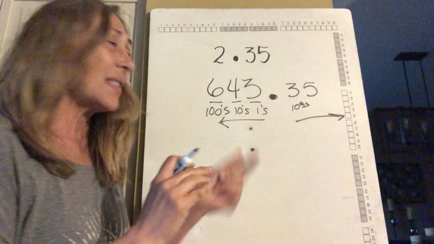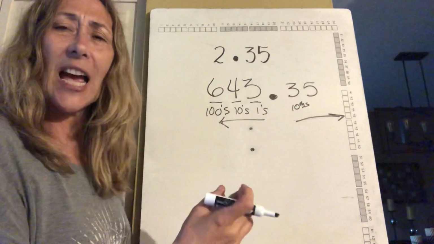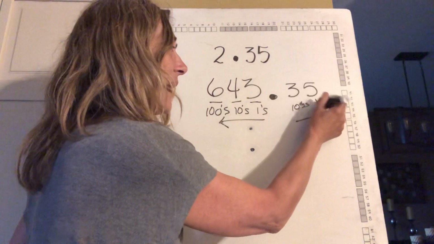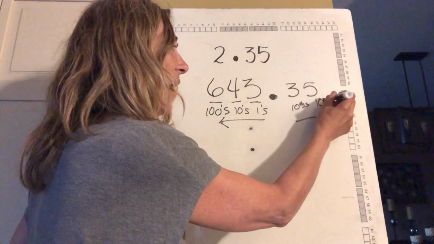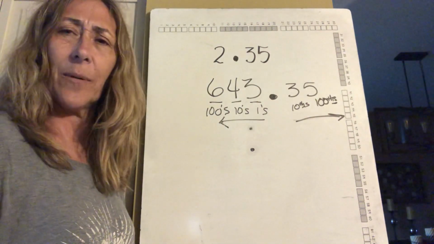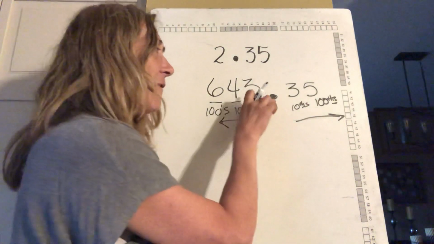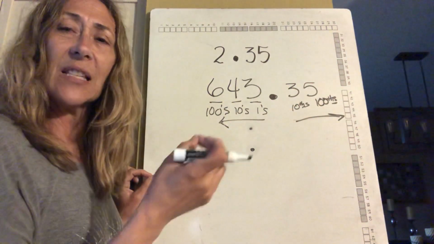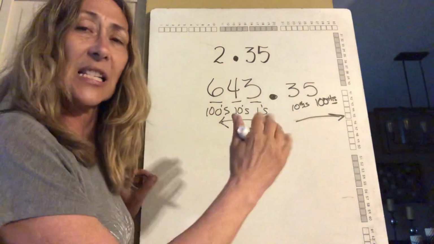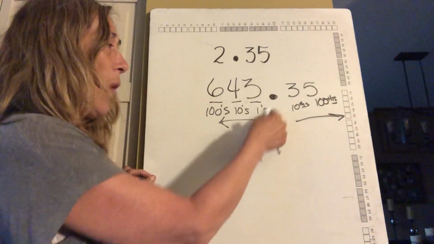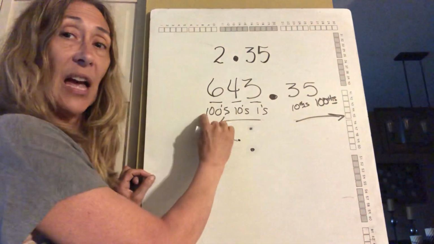So this is 10 times smaller. And then I go to the next place, and this is called the hundredths place. So that's 100 times smaller. So every time I get further away to the right from that decimal, it's getting smaller in increments of 10 times. Just like 10 times larger from the ones to the tens to the hundreds.